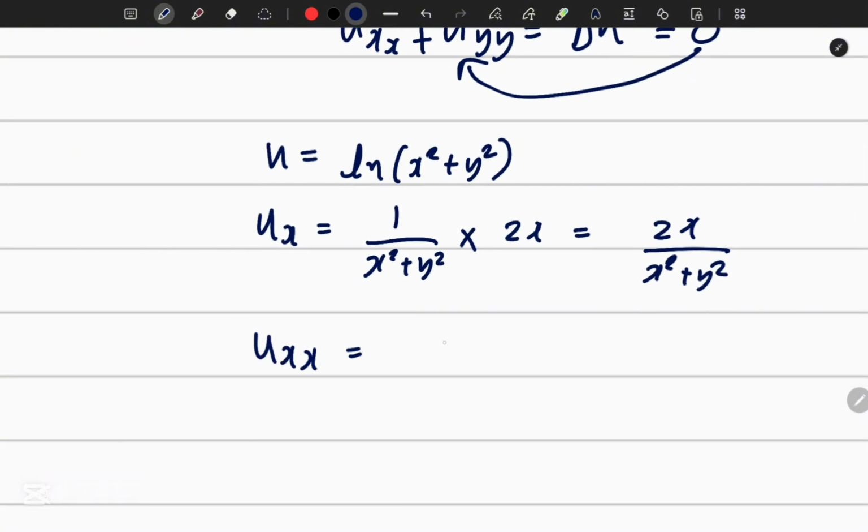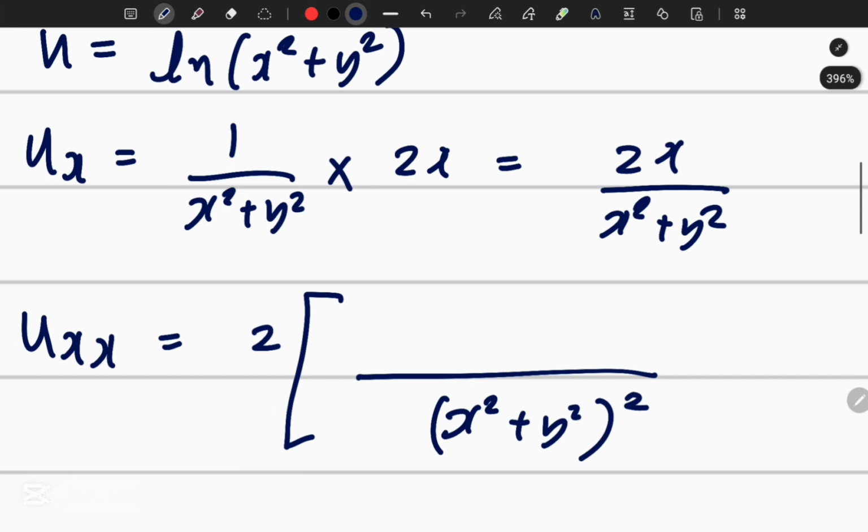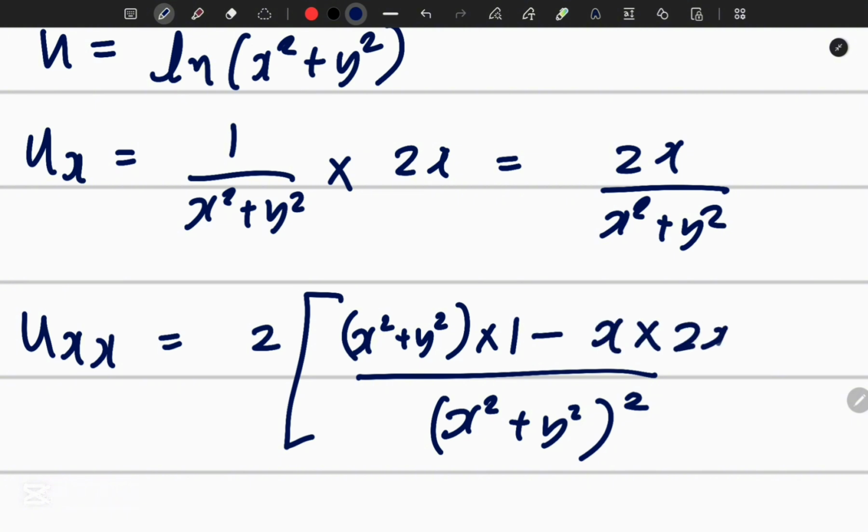What is u_xx? Taking 2 outside, it is 2 over (x² + y²)² times [(x² + y²) times 1 minus x times 2x].